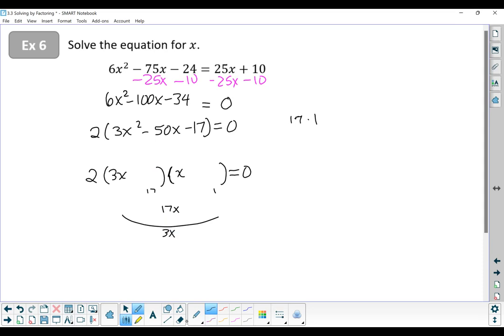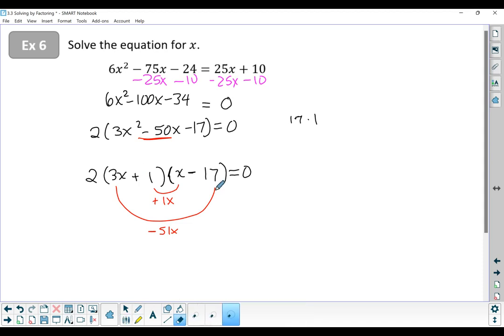Because that's a 17x and a 3x. That's not going to work. So let's try putting the 17 so that it multiplies by the 3. In that case, I'm just going to check out these middle terms. 17 times 3 is 51, and I'm trying to get a negative 50. So if I put a negative with the 17 and a positive with the 1, that's going to give me that right combo.